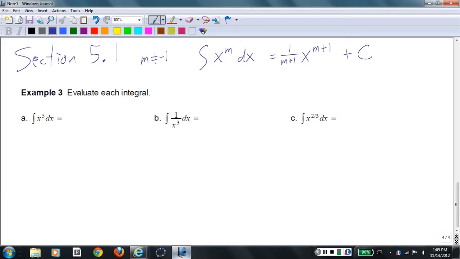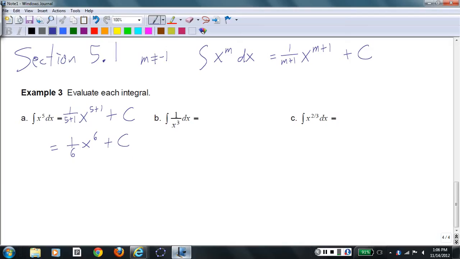So the first one is laid out exactly what we need. We would add 1 to the exponent and then divide by that new exponent that we got, and then add the constant of integration. So it's going to be 1/6 times x to the 6th plus c.